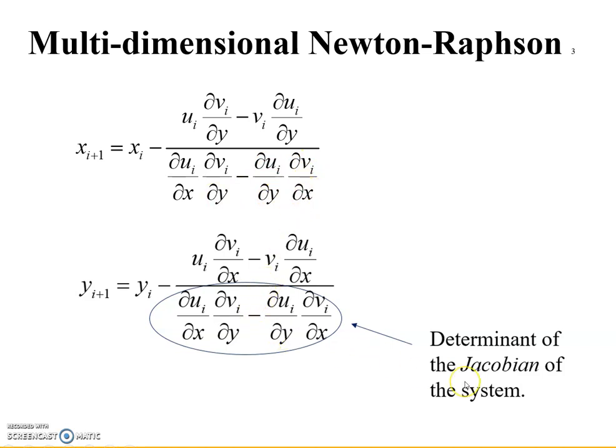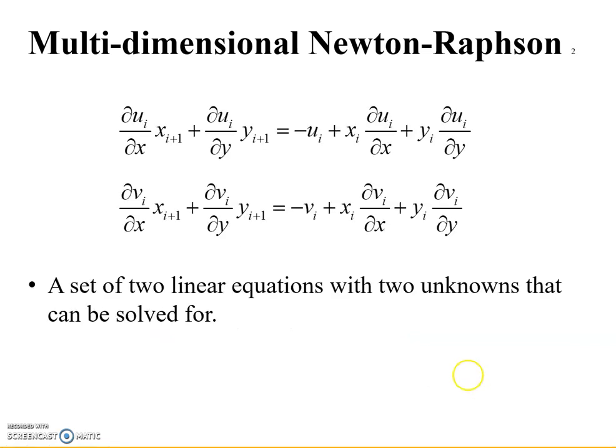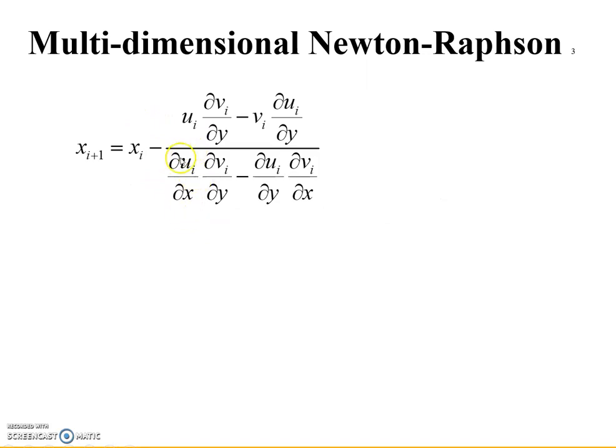This common denominator is called the Jacobian of the system. It is actually the determinant of the system. Just as in Cramer's rule, if you want to take the determinant, you multiply partial u over partial x with partial v over partial y, and then minus partial v over partial x into partial u over partial y.